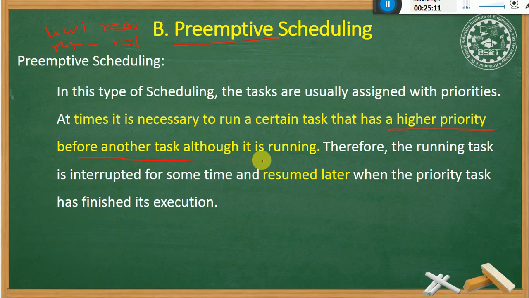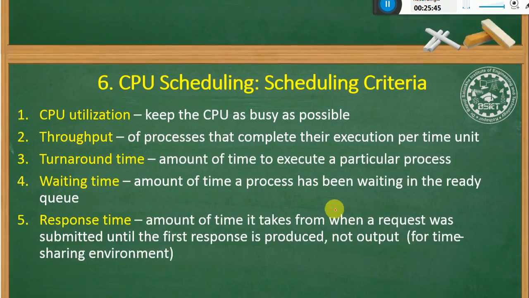It will release the CPU and the CPU is allocated to the highly prioritized process. So that is called preemptive. The current process is suspended. That is called preemptive. Okay. So due to an interrupt or resume operation or a highly prioritized process, the current process will be preempted and the CPU is allocated to a new process, which is called preemptive scheduling. Okay, so it is very easy to understand non-preemptive and preemptive.